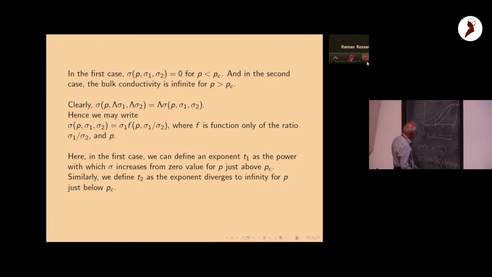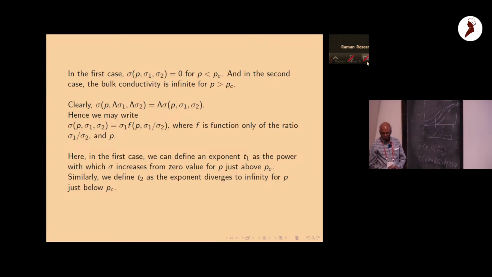So then I can write this more easily: sigma is equal to sigma 1 times a function of sigma 2 by sigma 1 and p. What I have done is, instead of a function of 3 variables, I am now working with a function of 2 variables. So without working very hard, I have reduced the complexity of the problem a little bit.